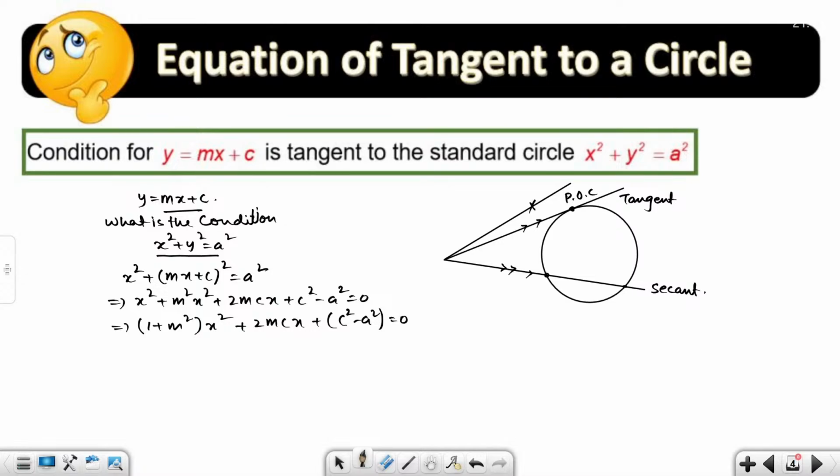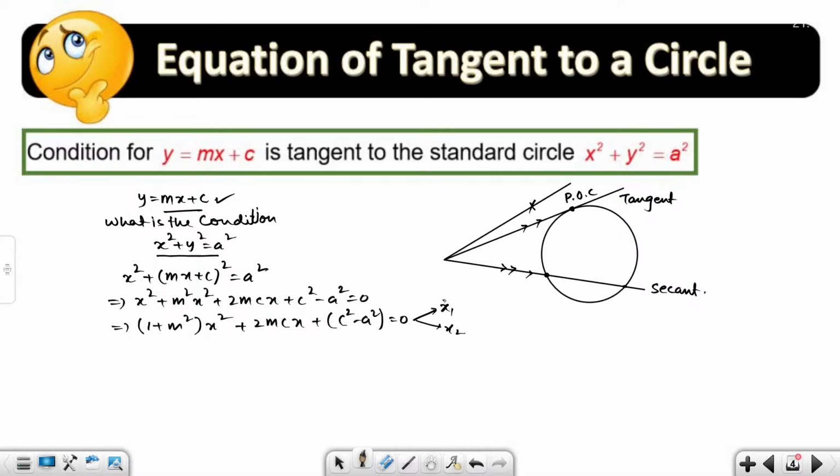So definitely if I solve this, I am going to get two values of x, let us say x1 and x2. But since y equals mx plus c is a tangent to this circle, it means it is going to touch the circle at only one point.